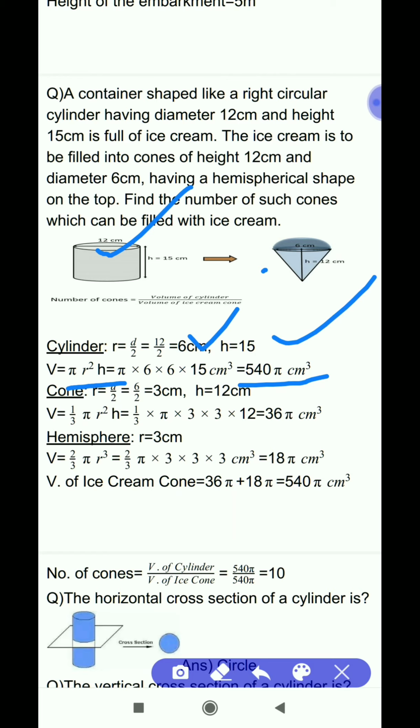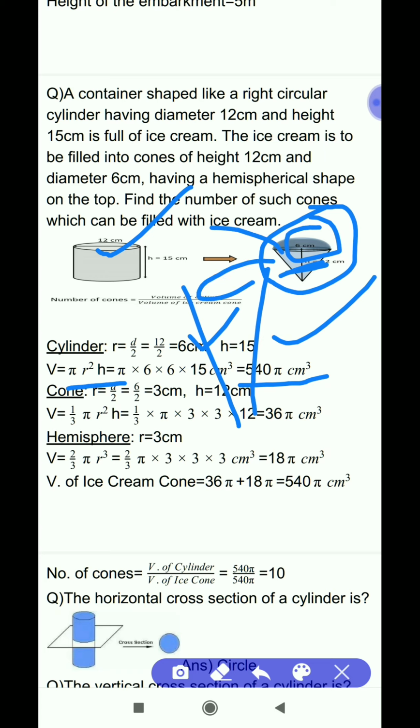Now come to the cone. Here we have two solids. One is cone, another one is hemisphere. First find out the volume of cone.